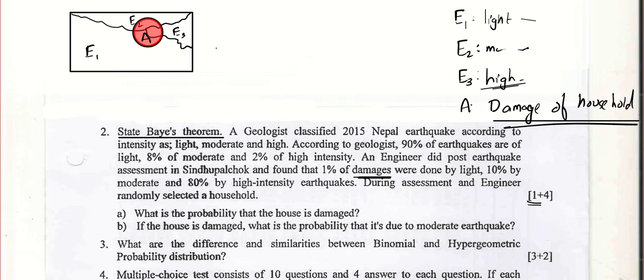Once more, in every Bayes theorem question they will be talking about a particular event, and you will be able to split that event into 2, 3, 4 or 5 mutually exclusive events, meaning disjoint events.